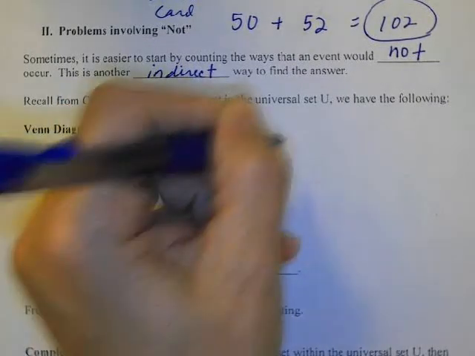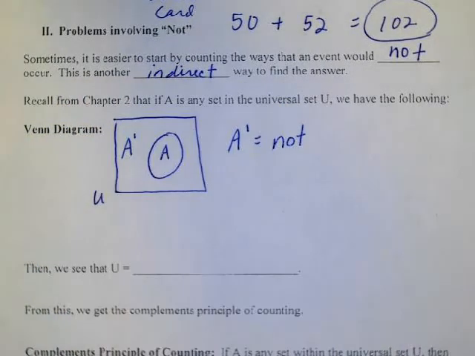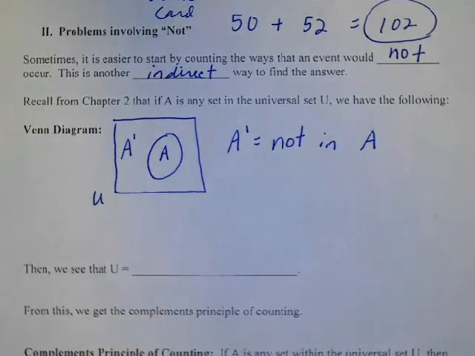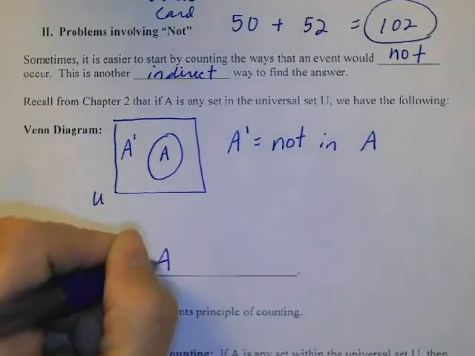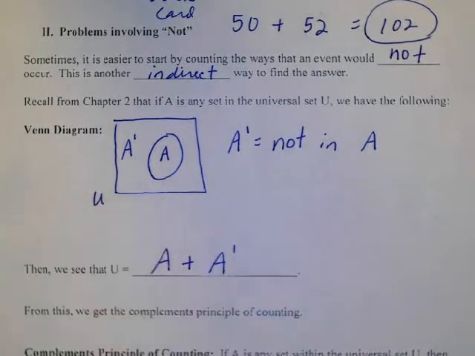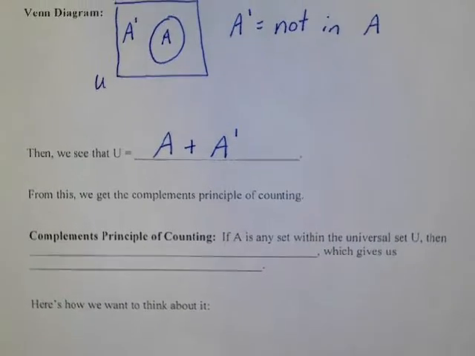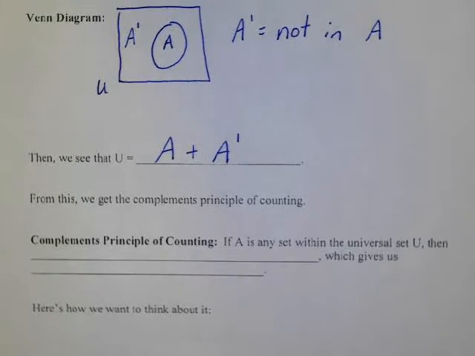Remember, A prime is defined to be not in A. It's true to say that A plus A prime makes up U. So we have this complements principle of counting that we can now draw from this picture.